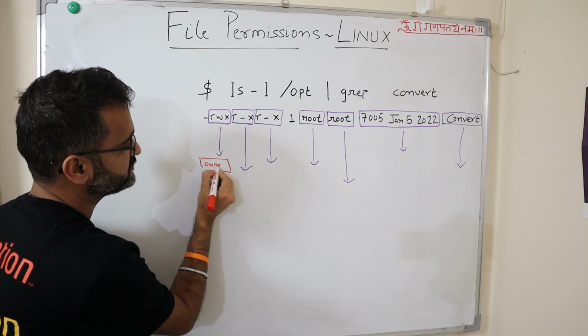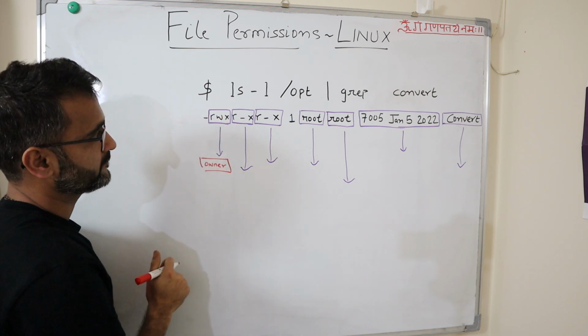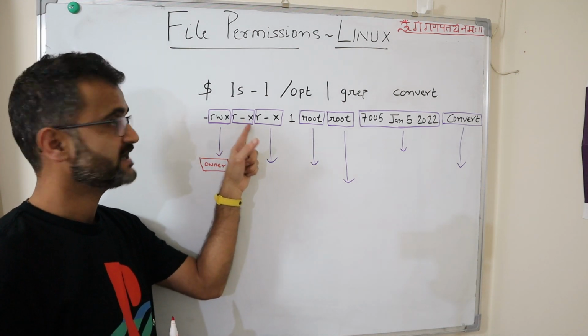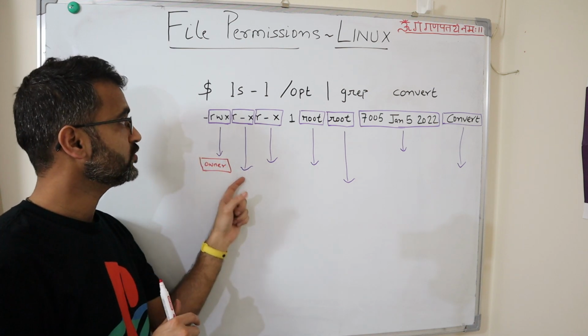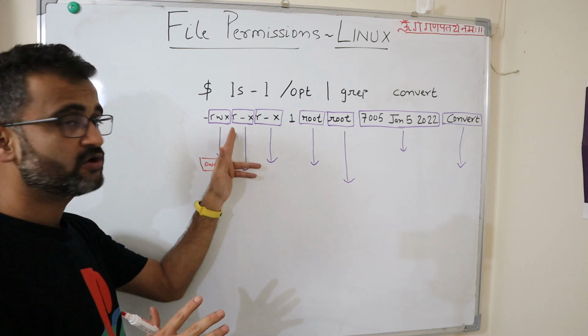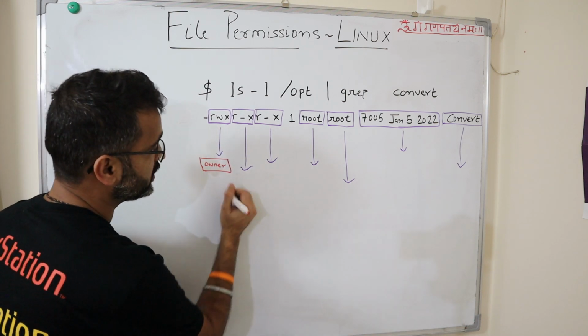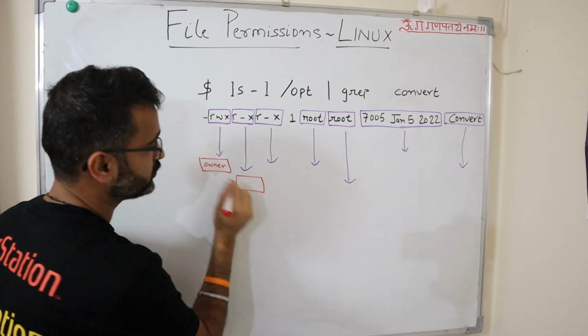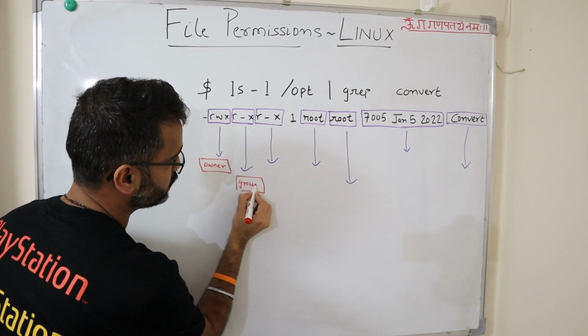So the permissions which we see here belong to the owner. Moving to the next section, we can see that it is r-x. So this particular section only gives read and execute but no write operation, and this particular block belongs to the group. So the first block is for the owner, the second one is for the group.